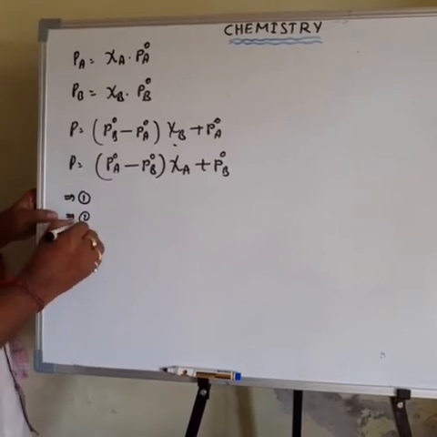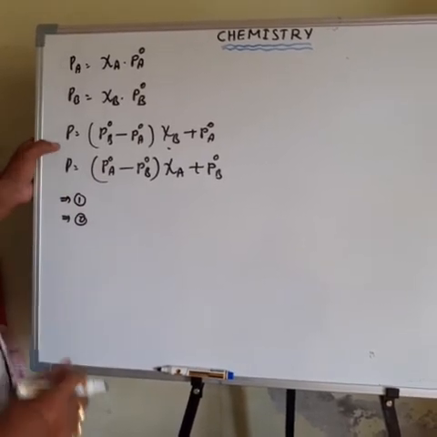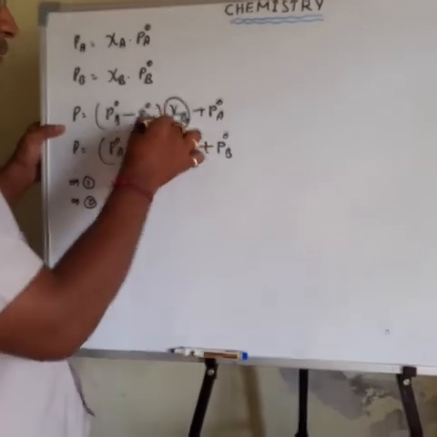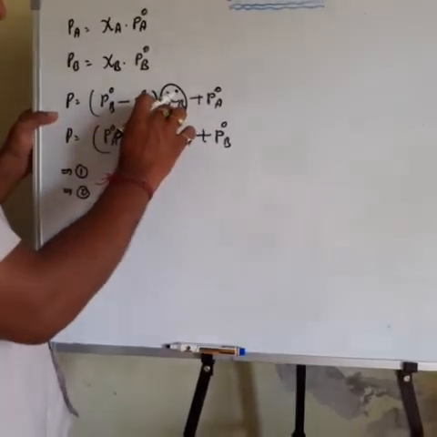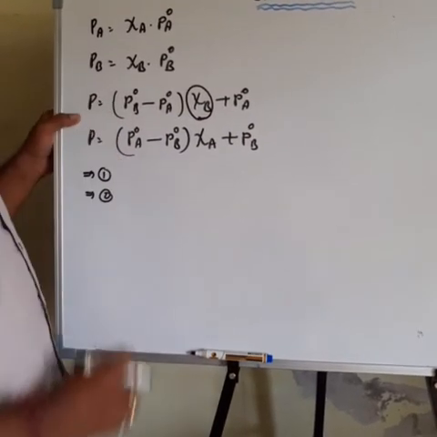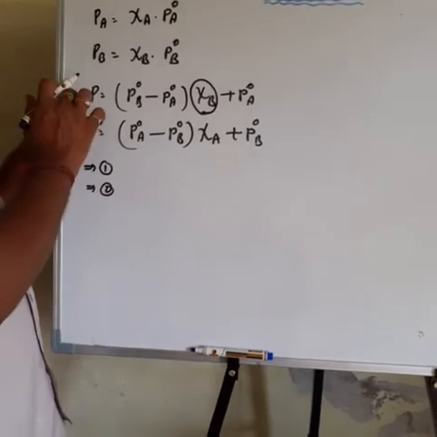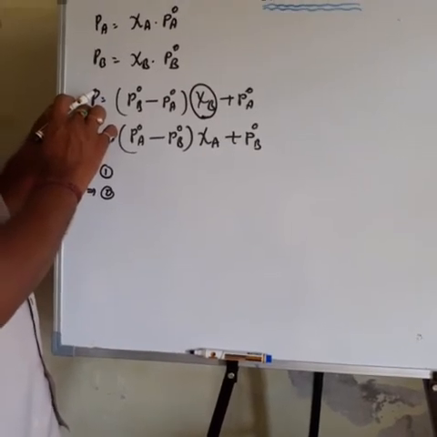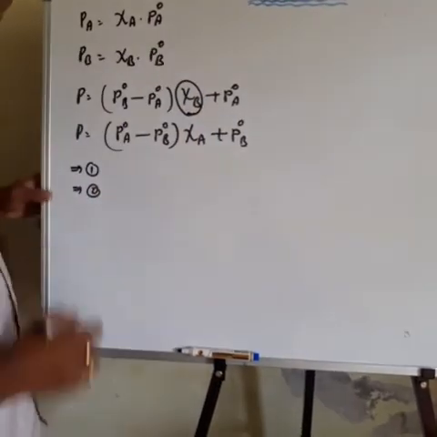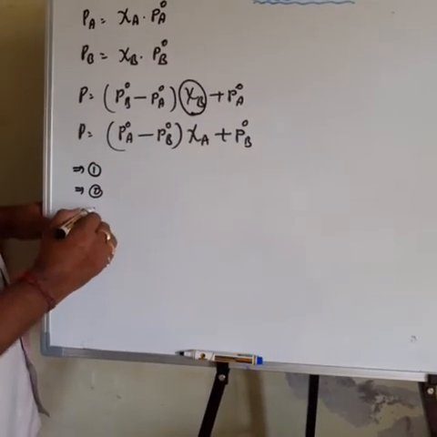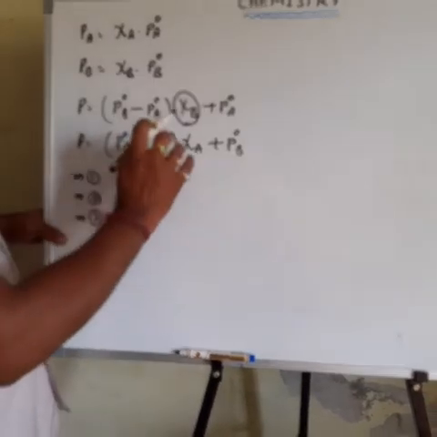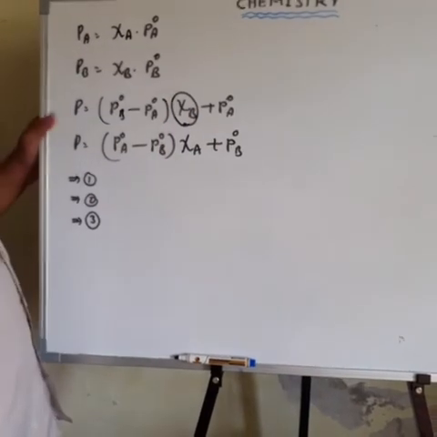Then the second point: the total pressure over the solution is a linear function of the mole fraction of component 2. Here, as the mole fraction of component 2 increases, the total pressure over the solution increases according to this equation. Then next, it depends on the vapor pressure of pure component 1 and 2, meaning the pure solute or pure solvent.